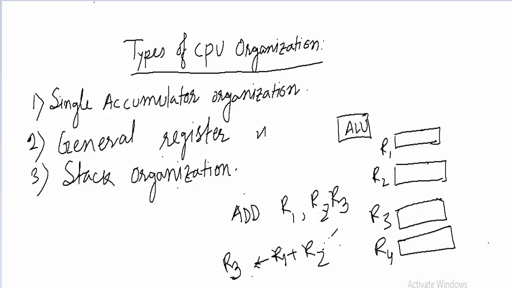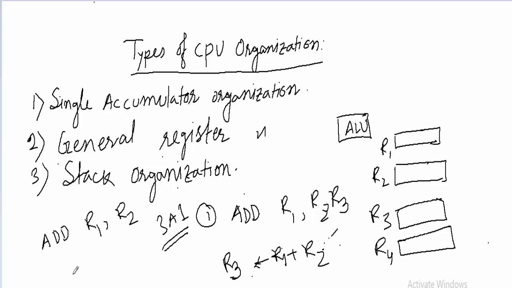In general register organization, we could have a three address instruction or a two address instruction. This is an example of a three address instruction. In a two address instruction, we can write the instruction like this: add R1, R2.